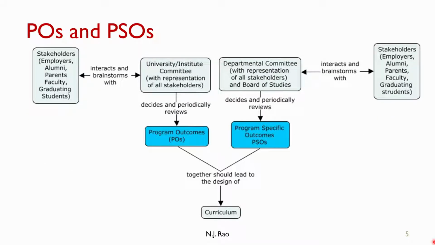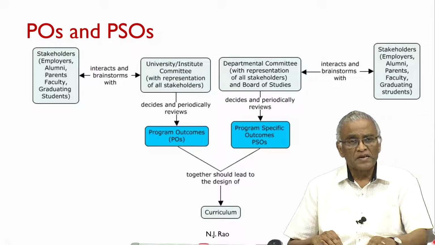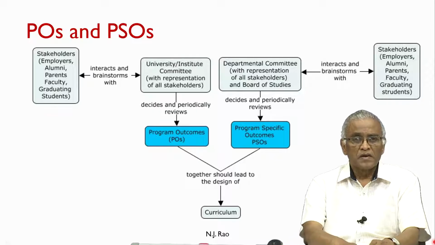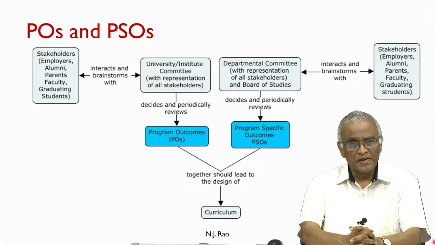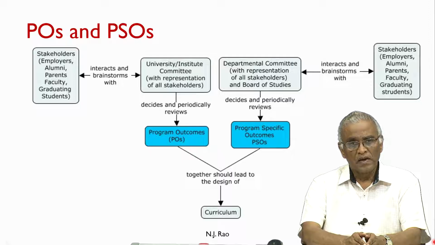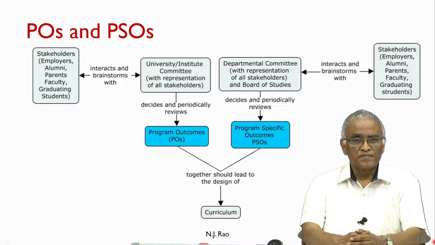Now, this diagram broadly represents the relationships between POs, PSOs and the curriculum. Ideally speaking, the curriculum design should happen in a top down manner. That is, you identify POs and PSOs first, and to attain these outcomes you design the curriculum.